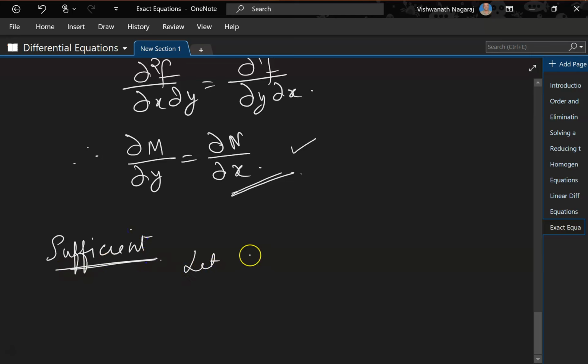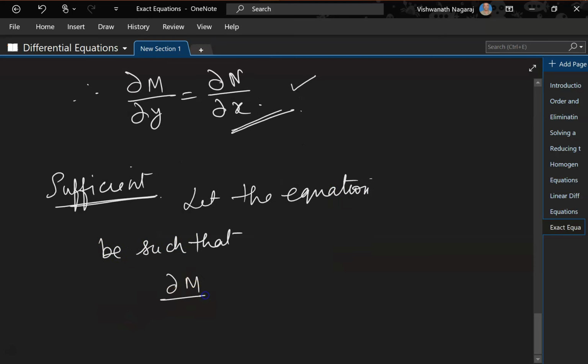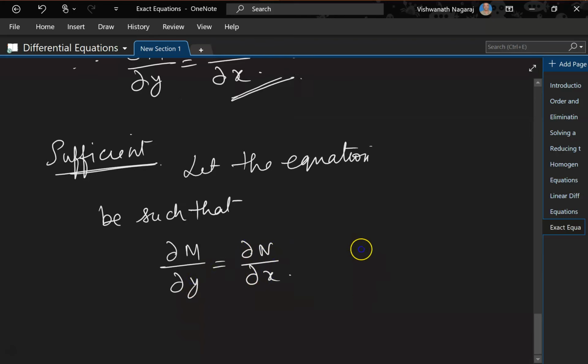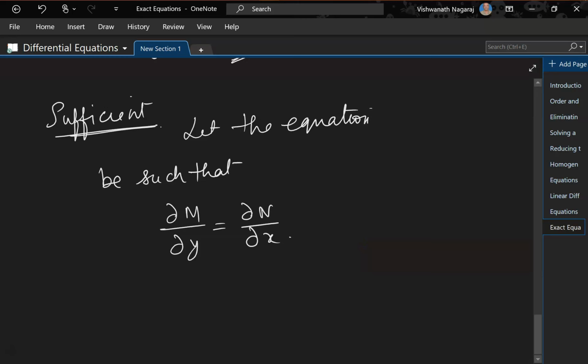Let the equation be such that ∂M/∂y is equal to ∂N/∂x. So we have an equation where this statement is true.